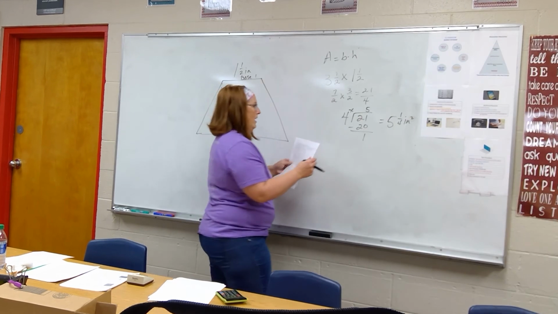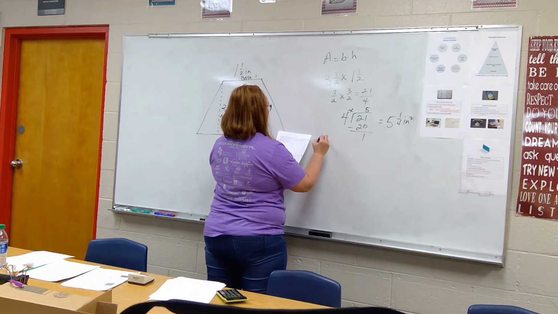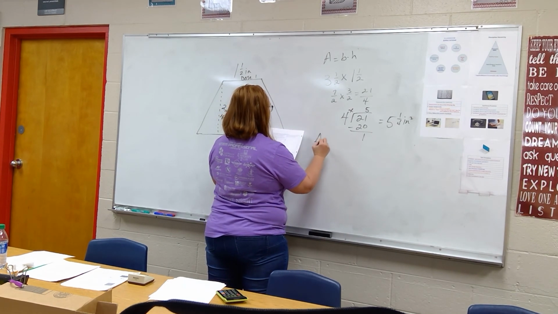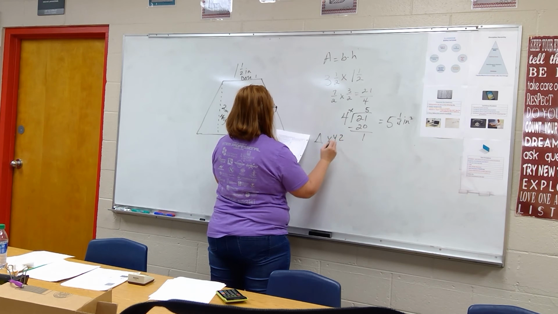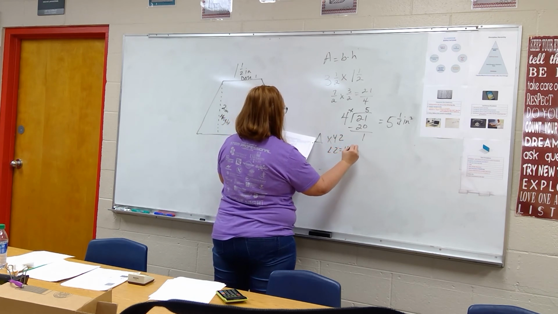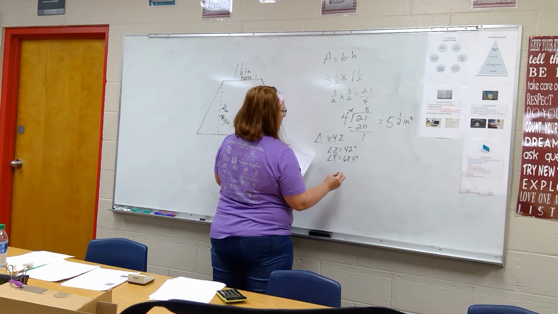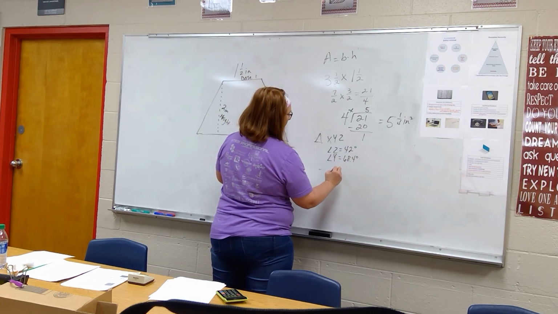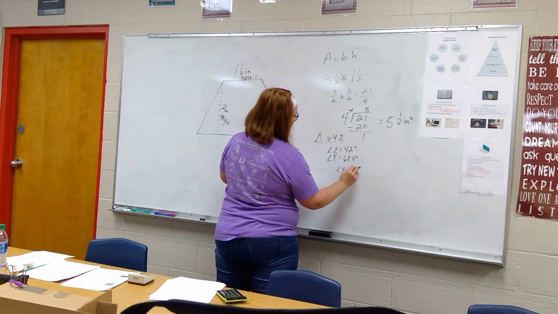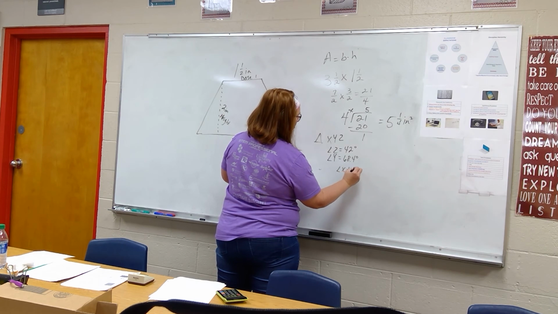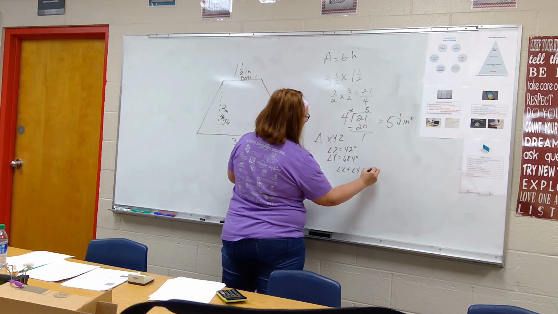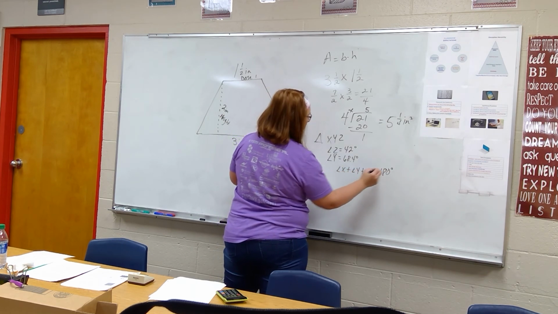On number 8, we haven't talked about this in a while. It says triangle XYZ. Angle Z equals 42 degrees. Angle Y equals 68.4 degrees. Remember, you're going to do angle X plus angle Y plus angle Z equals 180 degrees.